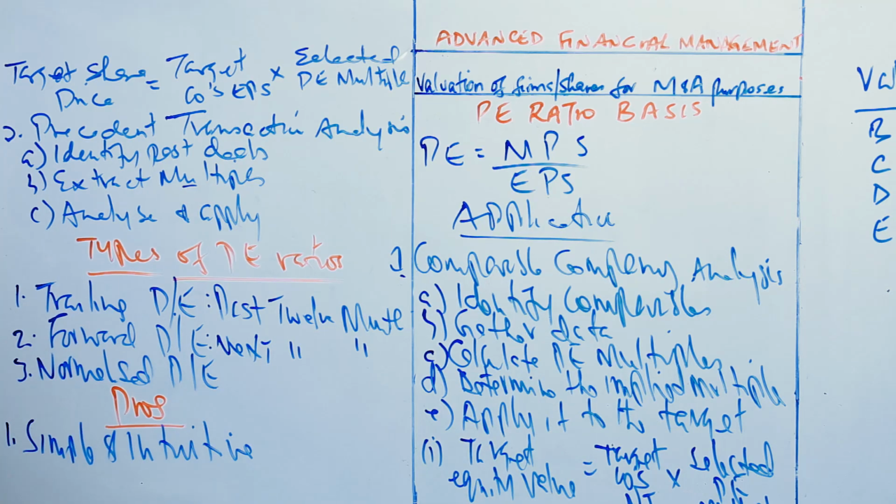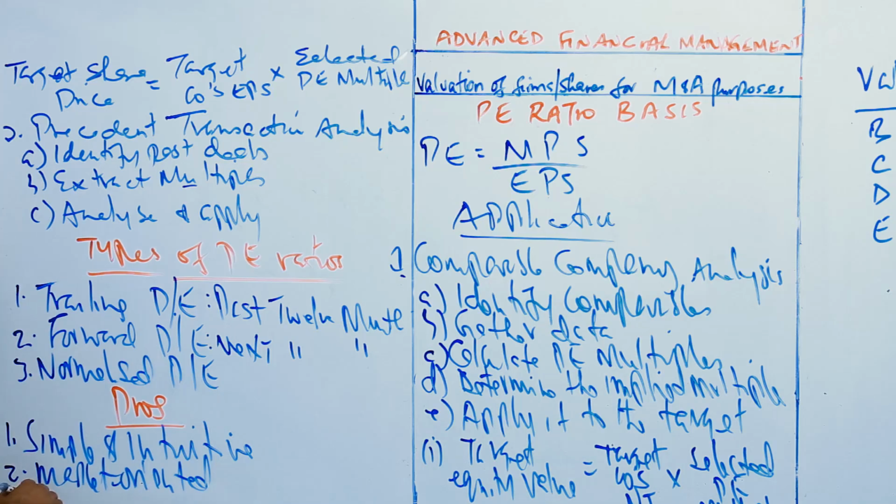The PE ratio is easy to understand and calculate, making it a common metric for initial screening and discussion. Number two, it's market oriented. That is to mean it reflects the current market sentiment, how investors value earnings in a particular industry.